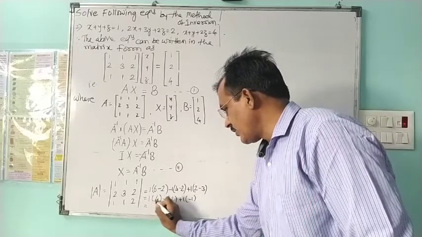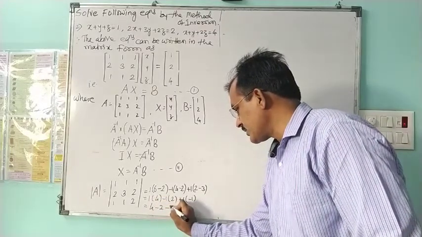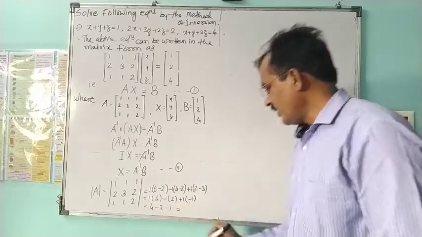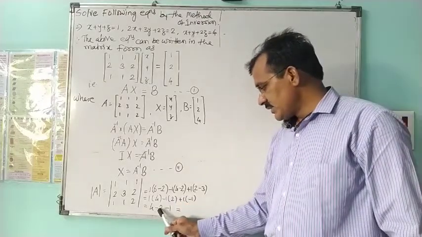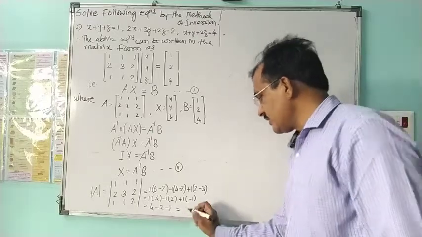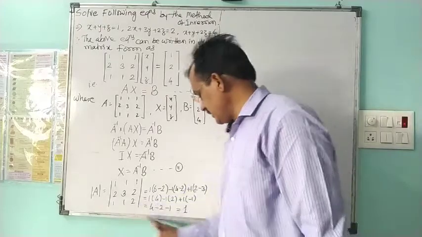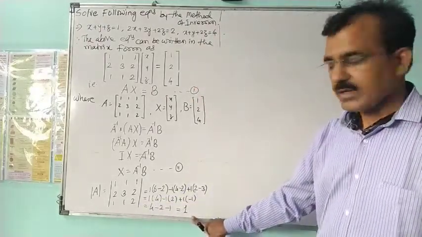So this we have as 4 minus 2 and minus 1. So what we have? This is minus 2 minus 1, that is minus 3. So 4 minus 3 is 1. So determinant of this matrix is positive 1.